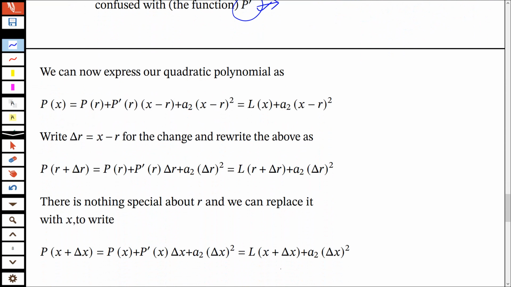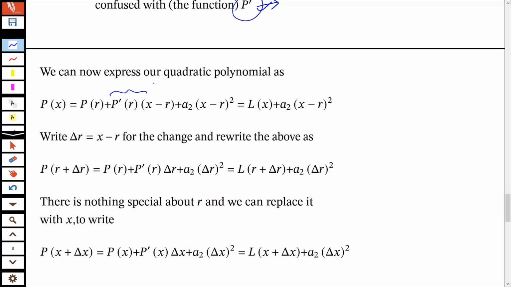So we can now express our quadratic polynomial. This was our starting point. We expressed it in terms of x minus r, so this was the constant. And now we see that this coefficient turned out to be the derivative at r.